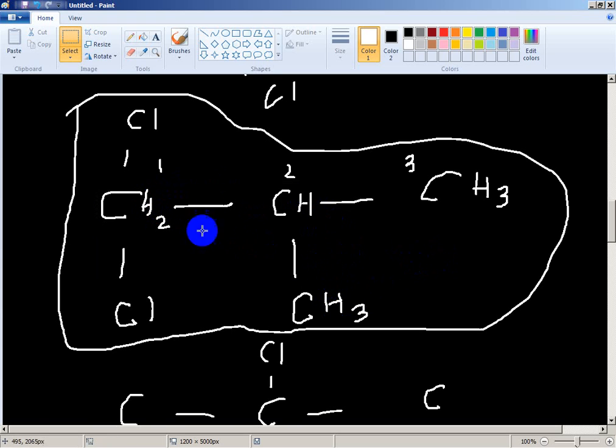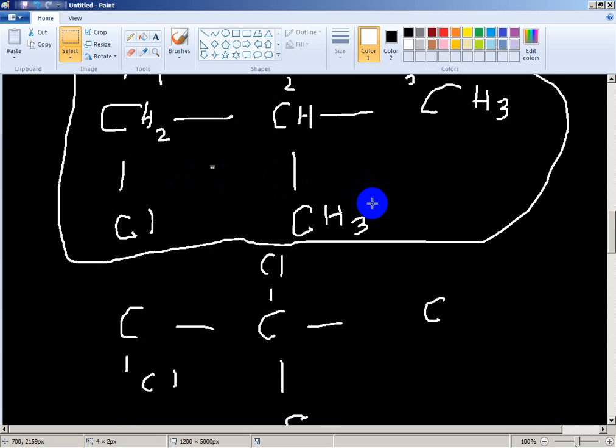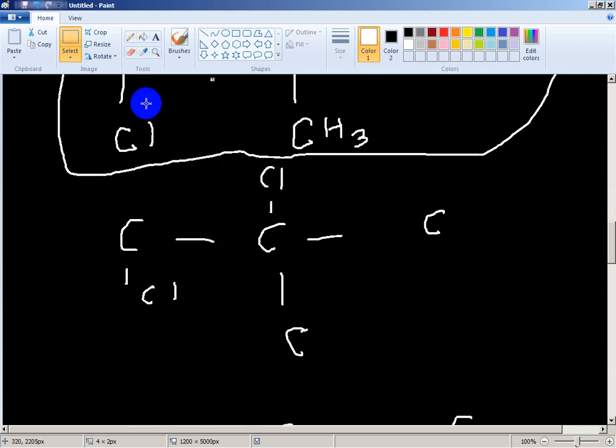The longest chain is 3, so propane. This one is a branch, this one is a branch, this is a branch. What is the name? 1 1. Yes, this is the correct answer. Now the second: this one has 2 hydrogen, here 3 hydrogen.